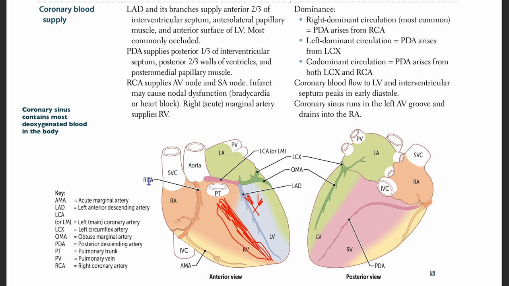RCA is for right coronary artery in the heart. Again, if you still have your hand out in an anatomical position and put it like that, it's on the side of your thumb. So where your thumb is, that's where that would be. Because your thumb would be right here.